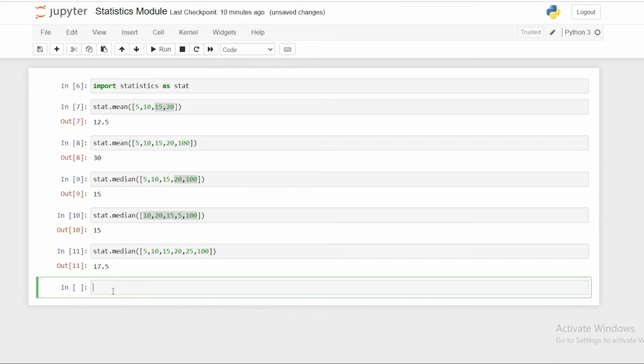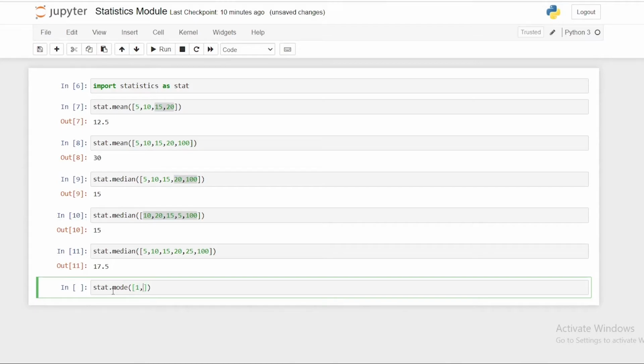Next, what you're going to see is mode. Mode is another term used in statistics, which is used to find the most occurring number or most occurring sequence of data. So we have stat dot mode, and let's find the number which is most occurring.